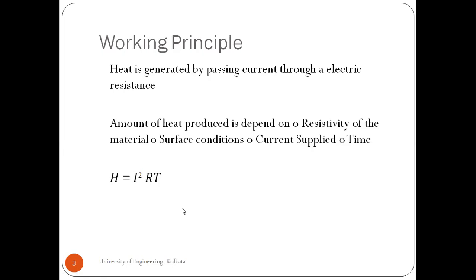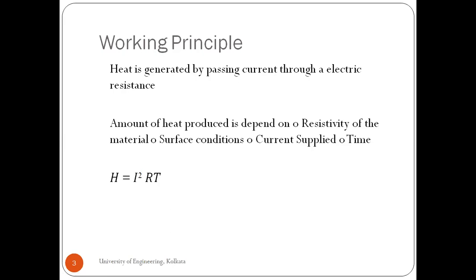I already told you how this relation comes out, right? H can be found using the current and voltage, and from that relation you can find this I square RT relation. It was in your class 10 physics book.